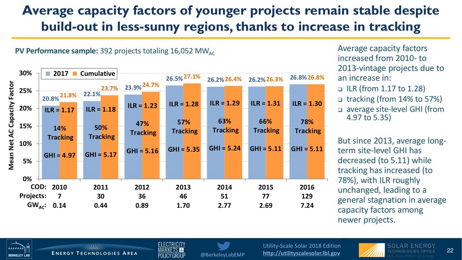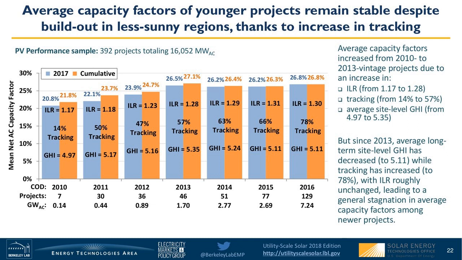Okay, this graph breaks out average capacity factor by project vintage or commercial operation date, and you can see a steady improvement from 2010 vintage through 2013 vintage projects, and that was driven by increases in all three of the metrics listed here, whether it's average insolation, the prevalence of tracking, or the average inverter loading ratio.